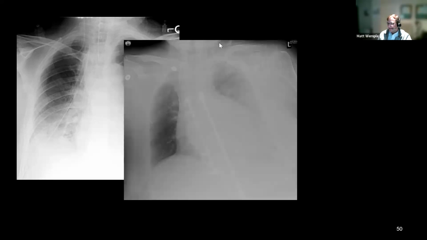Okay, so these are just examples of other places that central lines can go, some errant examples. This is a right IJ that ended up going into the right subclavian. I've had this happen to me before. This is a left IJ that goes across the innominate or brachiocephalic vein, but then goes right up the right IJ.